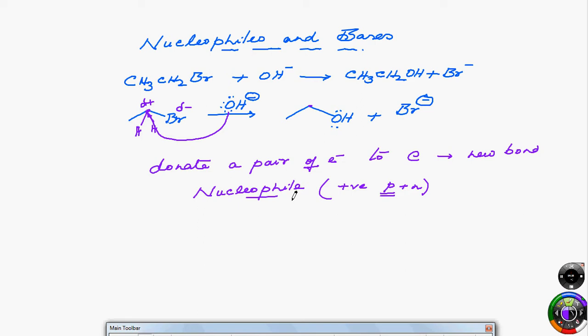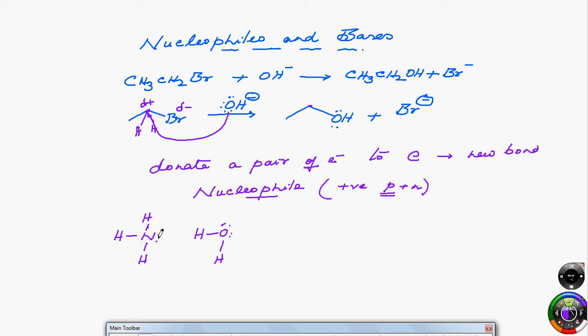Now let's see how a nucleophile is different from a base. Let's consider this reaction. Nitrogen carries a pair of electrons. Water, as you are aware, oxygen carries 2 pairs of electrons.